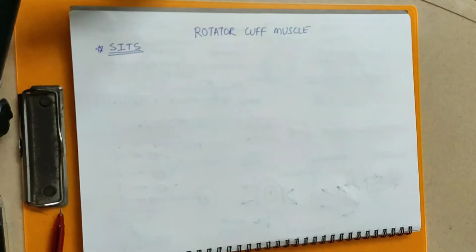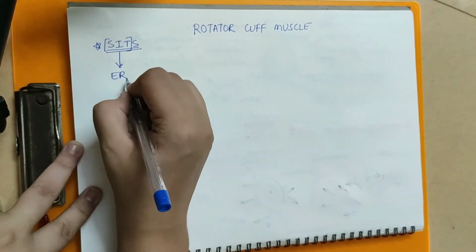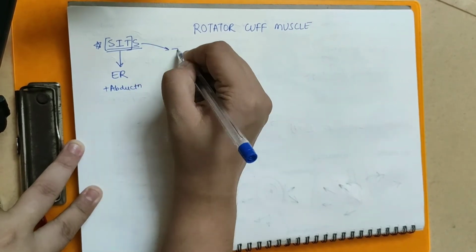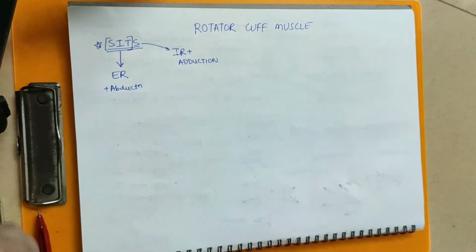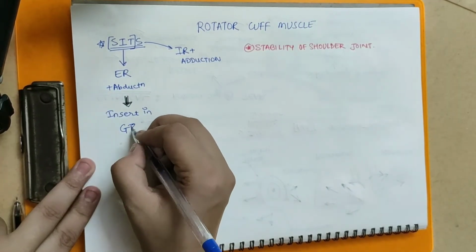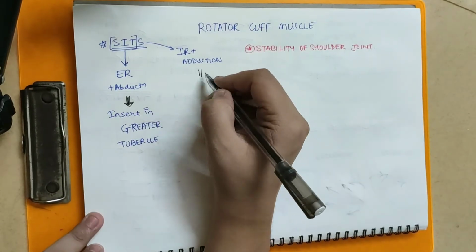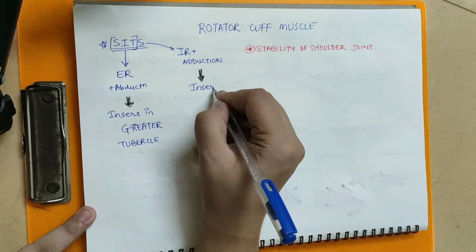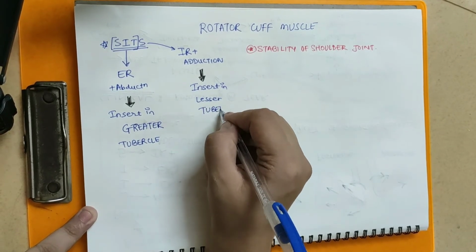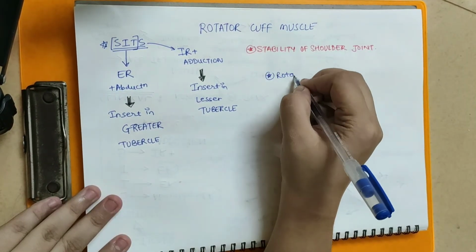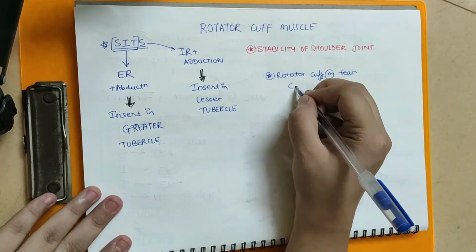For a quick revision, the SIT muscles are responsible for external rotation and abduction because they insert into the greater tubercle. The subscapularis is for the internal rotation and adduction because it inserts in the lesser tubercle. Of the rotator cuff muscle tears, supraspinatus tear is the most common.